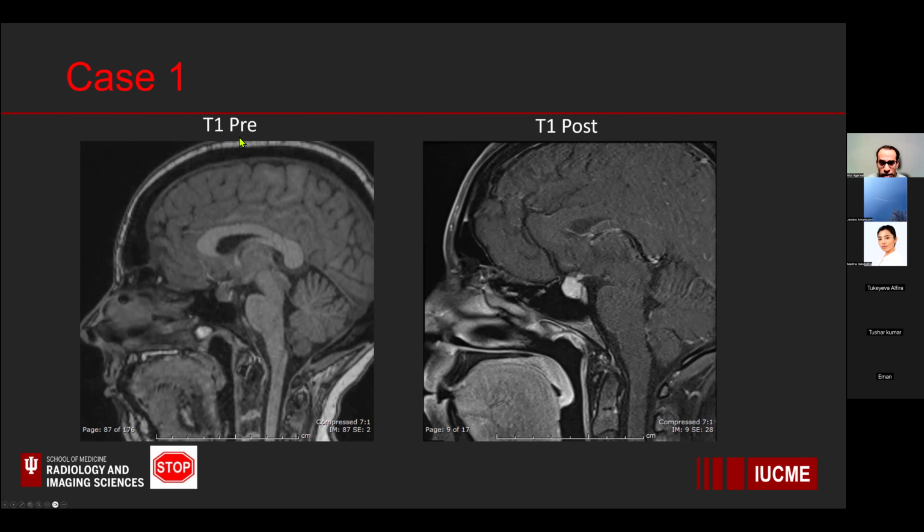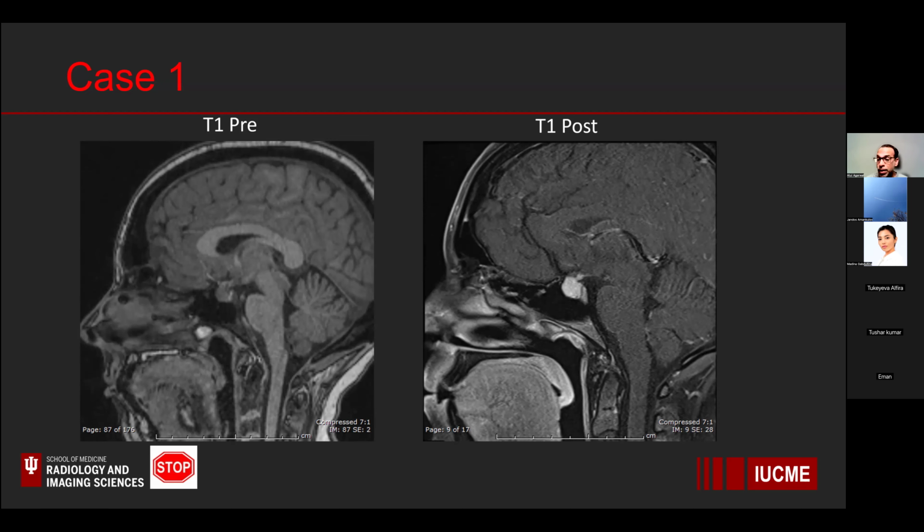The sagittal T1 pre-contrast shows you that the pituitary gland is enlarged, right? It's almost touching the optic chiasm. You can see that on the left image. On the right image, you can see we have given contrast, the infundibular stalk is enhancing, and now we can really appreciate how large the gland is. So the differential diagnosis is of an enlarged gland.